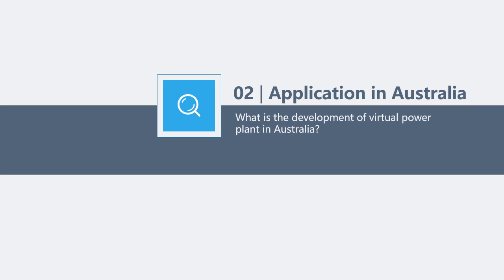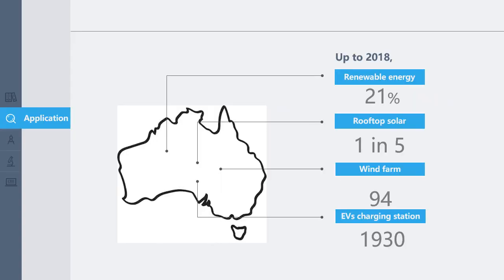Now, after talking about the concept, I'm going to focus on its development in Australia. As we all know, Australia is a country with sufficient distributed energy resources. Up to 2018, renewable energy covered about 21% of the total energy demand.